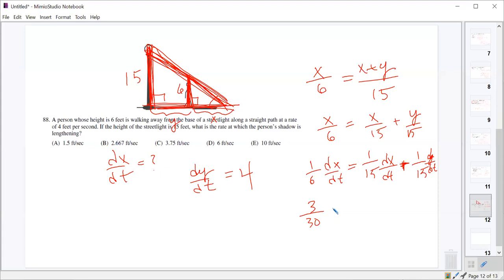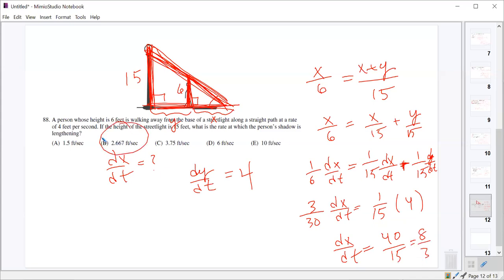Okay, yeah, 3 over 30. So 1/10 dx/dt equals 1/15 of 4. Multiply by 10, we end up with dx/dt equals 40 over 15. Divide those both by 5, and you get 8/3. And 8/3 is 2.667.